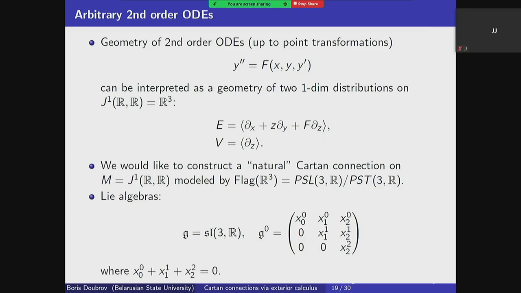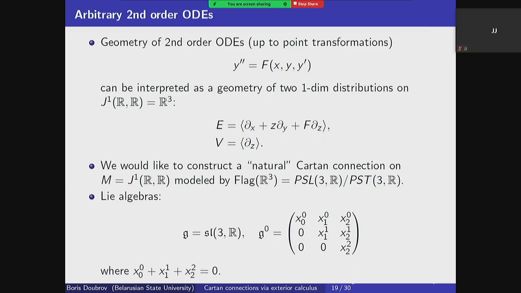So the grading is given like this: elements have degree 0, this is 1, and this will be 2, and here it will be -1 and -2. So this is how we turn SL3 into a graded Lie algebra. And we would want to have a connection associated with this pair of directions.